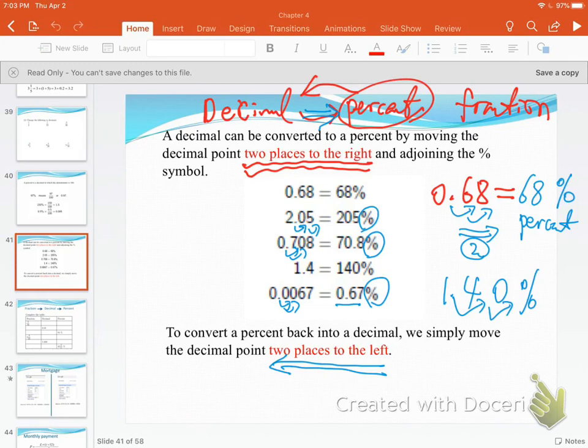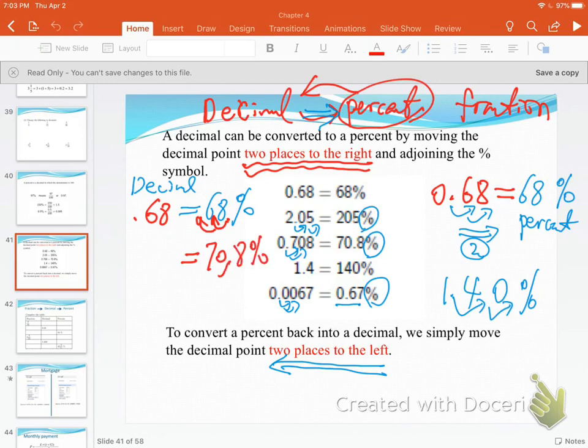So let's look at 68%. You want to get a decimal answer. Where is the decimal point in 68%? It's here after 68. So now we move 2 places to the left. You got 0.68. That's the answer. You find the decimal point, move it to the left twice. Now let's look at 70.8%.